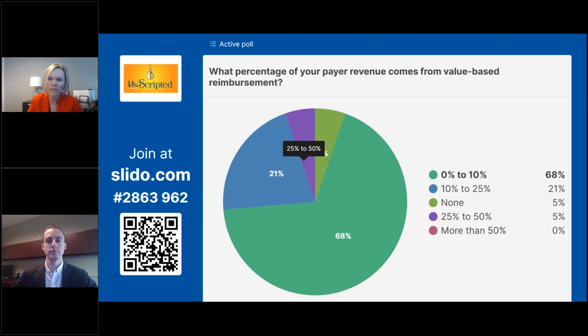Terrific. So we've got about 68% of our respondents saying that about 10% of their payer revenue comes from value-based reimbursement, and then it's scattered out, but no one is in the more than 50% mark. Those that are in the 25 to 50% mark, know that you're on the right side of the continuum.